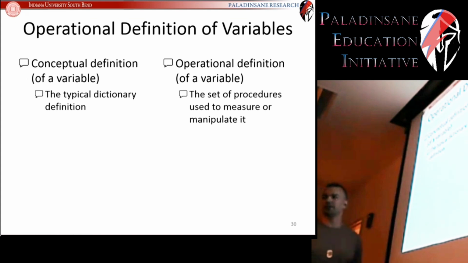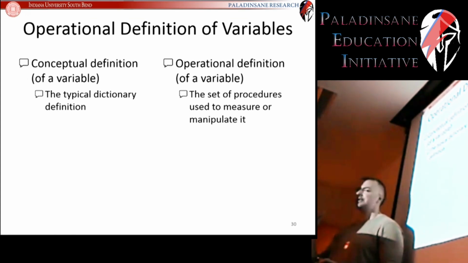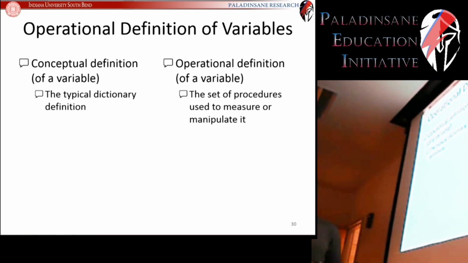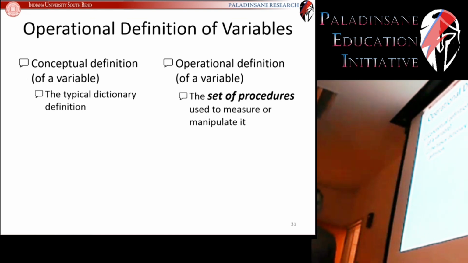Your operational definition is not your dictionary definition. It is the set of procedures, the actual physical moves that you are going to do in order to measure or manipulate that particular variable. So it's literally the operations that you do to measure this particular variable. That's very important to know.